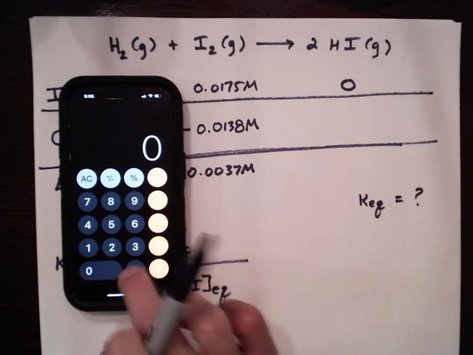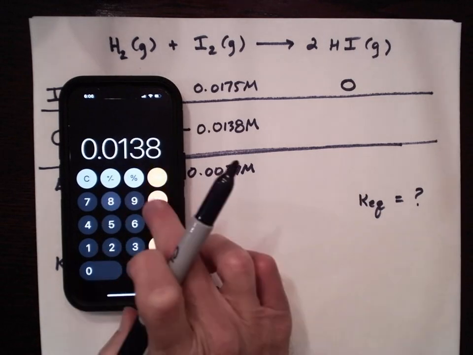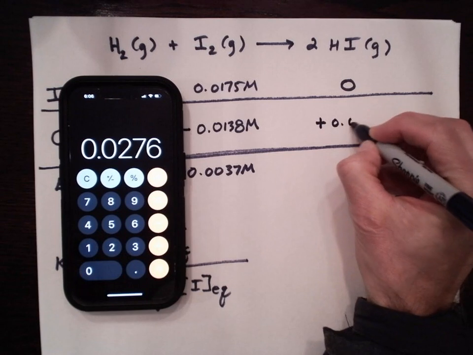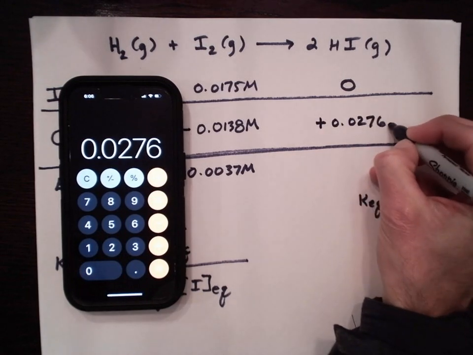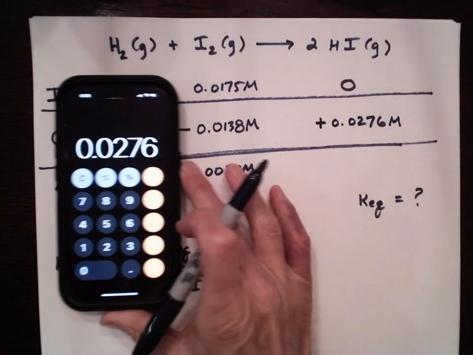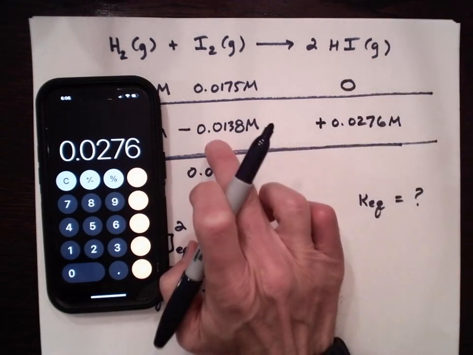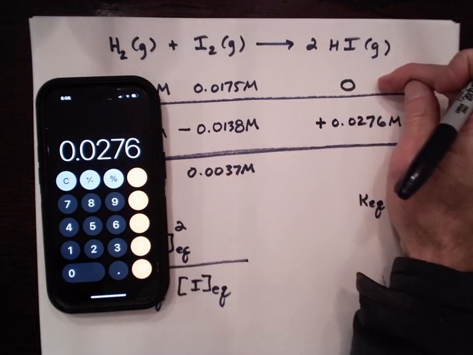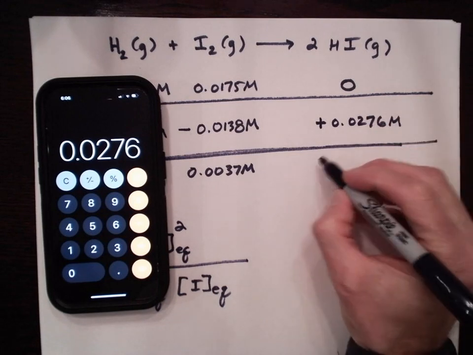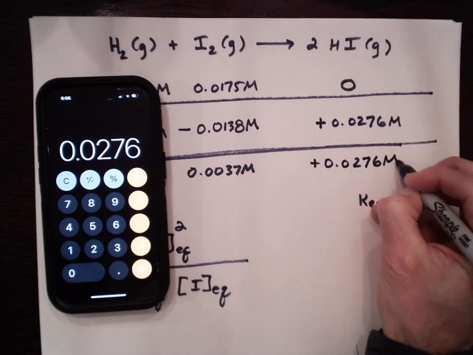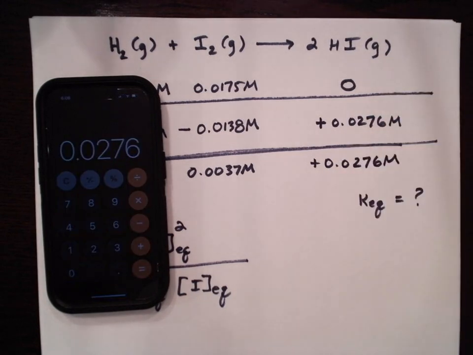So we're going to say 0.0138 times 2. We're going to have a positive 0.0276 in the HI. Remember, twice the amount of this will form as the amount of this that decays away. 0 plus this tells me at equilibrium I'm going to have 0.0276 molar of the hydrogen iodide.